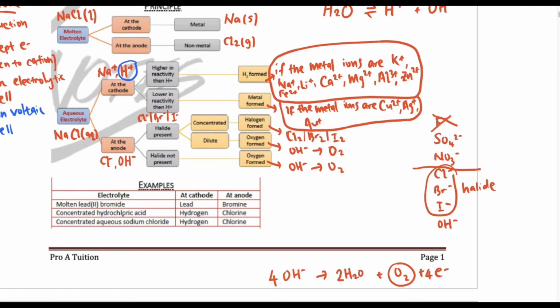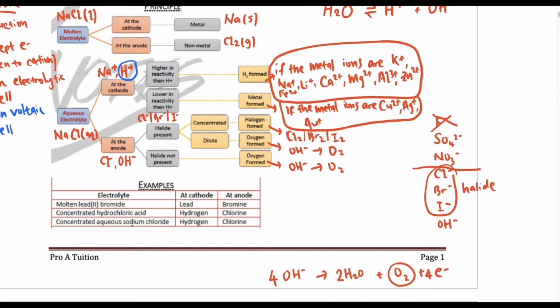So H plus forms hydrogen gas. But for the negative ion, we have chloride as well as hydroxide. Hydroxide from water is also there. So we have chloride and hydroxide, and this is concentrated. Then chlorine will form as product. So that's why chlorine.